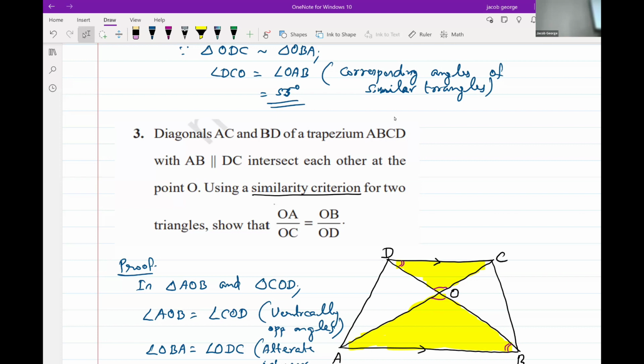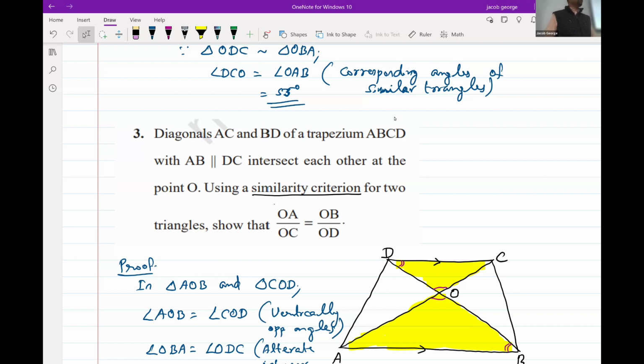What are the triangles? AOB and COD. Can you see? AOB and which one? COD. We can easily prove they are similar. Two angles we get easily. First of all, angle AOB and angle COD are what type of angles? Correct. Vertically opposite angles.